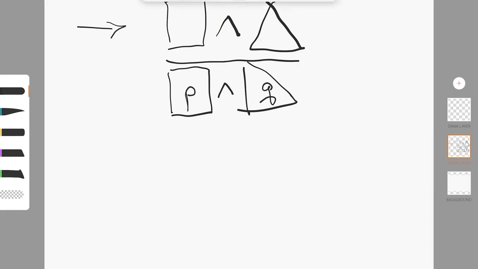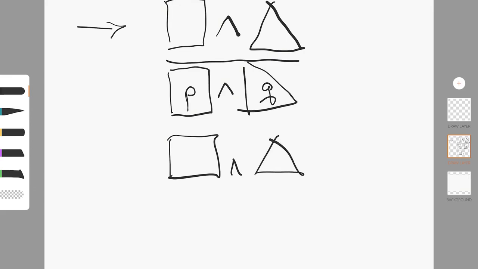If we look at the overall form, though, the form doesn't really tell us anything about what degree of complexity needs to go in the square on one side or the triangle on the other side, right?